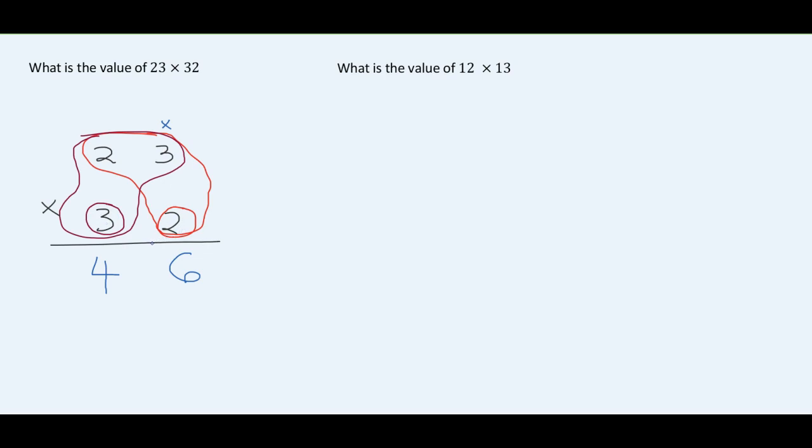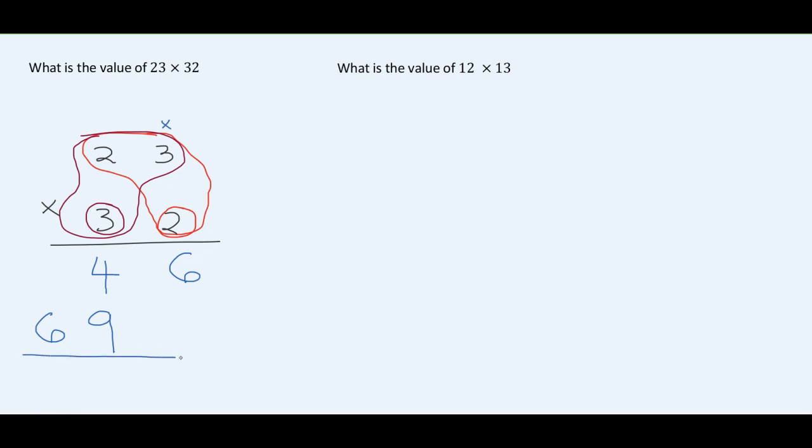So for every multiplication by 3, we will always start from the tens column. So now we have 3 times 3, we have 9, and then 2 times 3, we have 6.